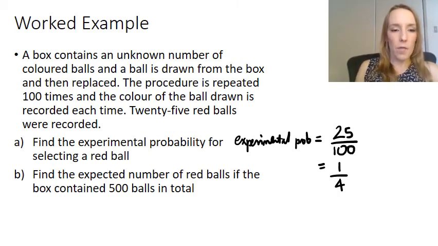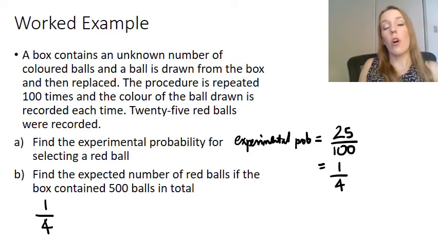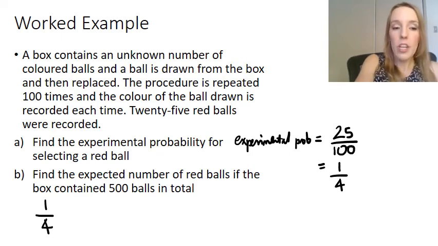So B, find the expected number of red balls if the box contained 500 balls in total. Okay, so we know if it contains 100, we've got 25 of them being red. So a quarter of the balls are going to be red based on our experimental probability. So we're going to do 1/4 times 500 to get our answer.